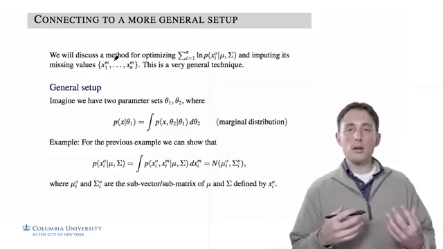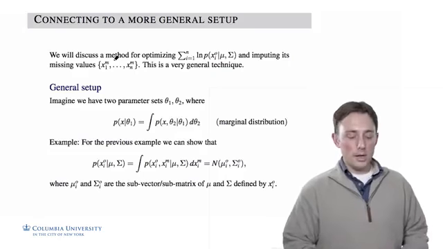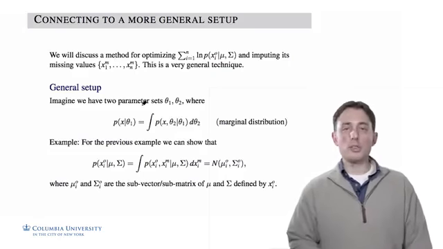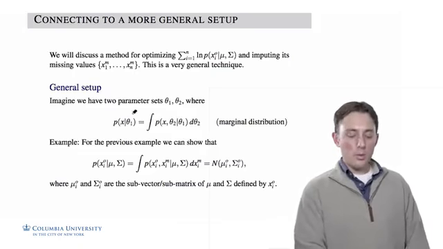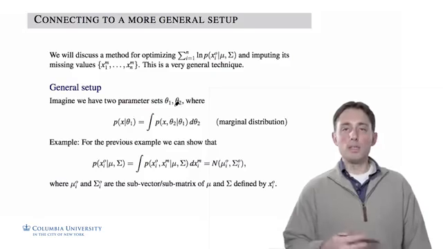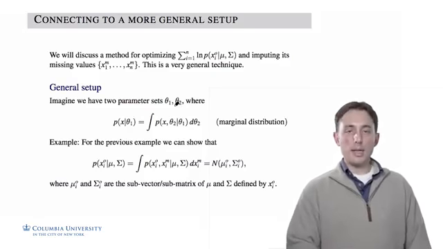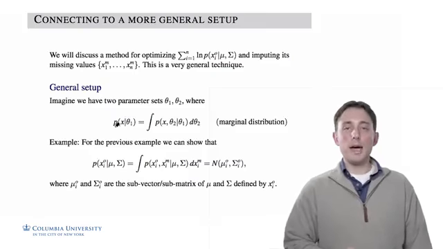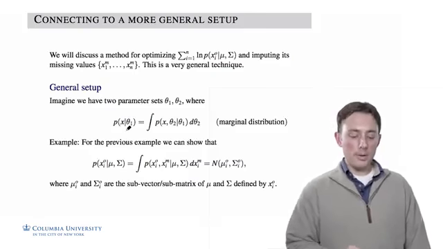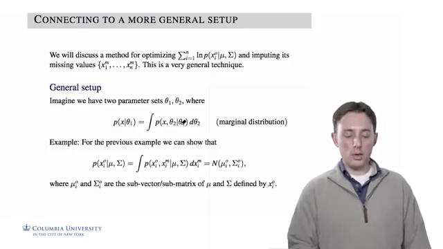So what we are now going to imagine is we have two parameter sets, theta 1 and theta 2, where theta 2 in this model relates to theta 1 in the following way: the marginal distribution of x given theta 1 is equal to an integral of a joint distribution of x and theta 2 given theta 1, over theta 2.